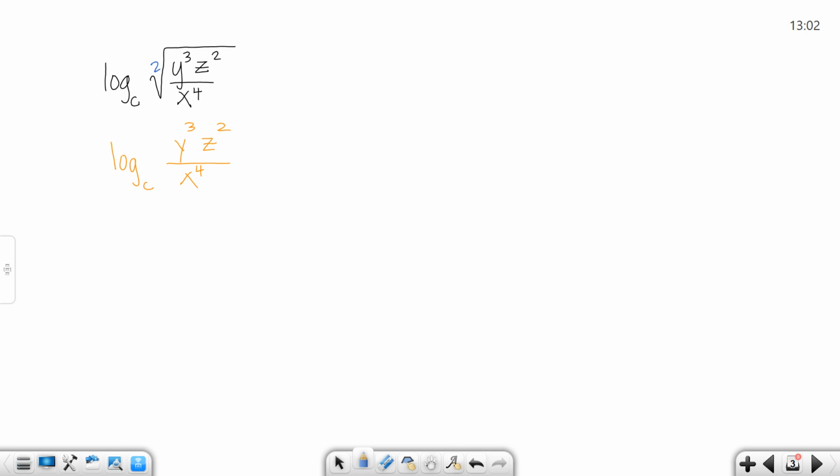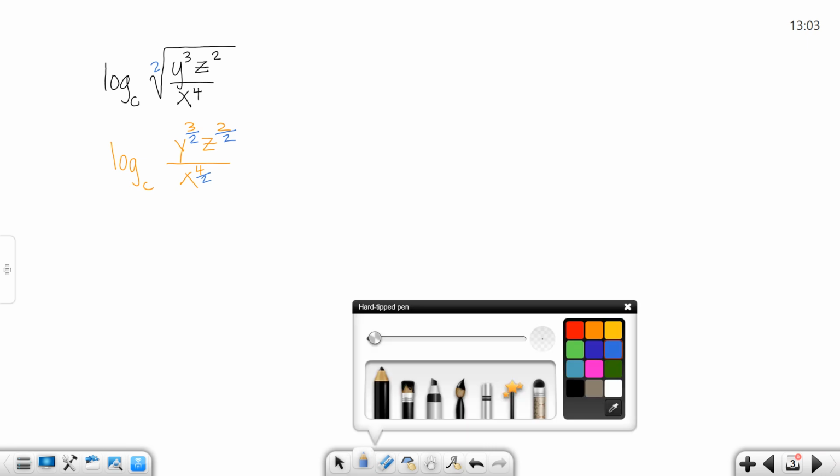Remember, it's understood to be a 2. Well, when you rewrite these exponents, a 2 goes in the bottom. So this one's under a radical 2, and this one's under a radical 2, and this one's under a radical 2. Remember that a radical means fractional exponent, so that 2 goes at the bottom of each fractional exponent.